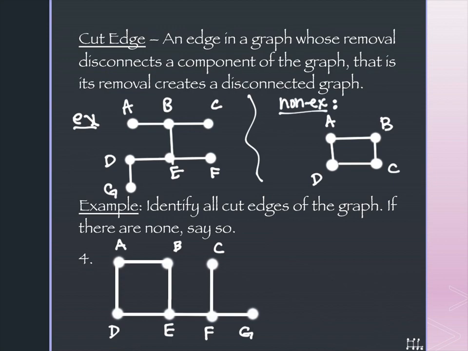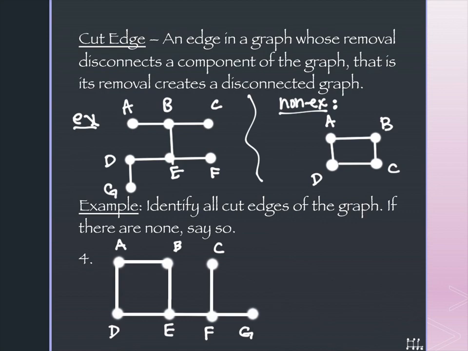So let me talk about what makes these graphs different. Let's look at the example first, partly because I listed it first, but also because it fits the definition for what we're going to do. Do you see an edge that you could cut and make the graph into two separate disconnected pieces? BE, that's the most obvious one.